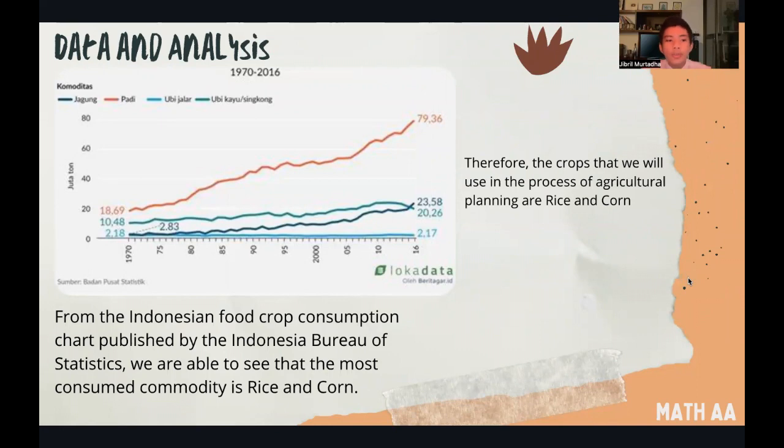Data and analysis. From the Indonesian food crop consumption chart published by the Indonesia Bureau of Statistics, we are able to see that the most consumed commodities are rice and corn. Therefore, the crops that we will use in the process of agricultural planning are rice and corn.